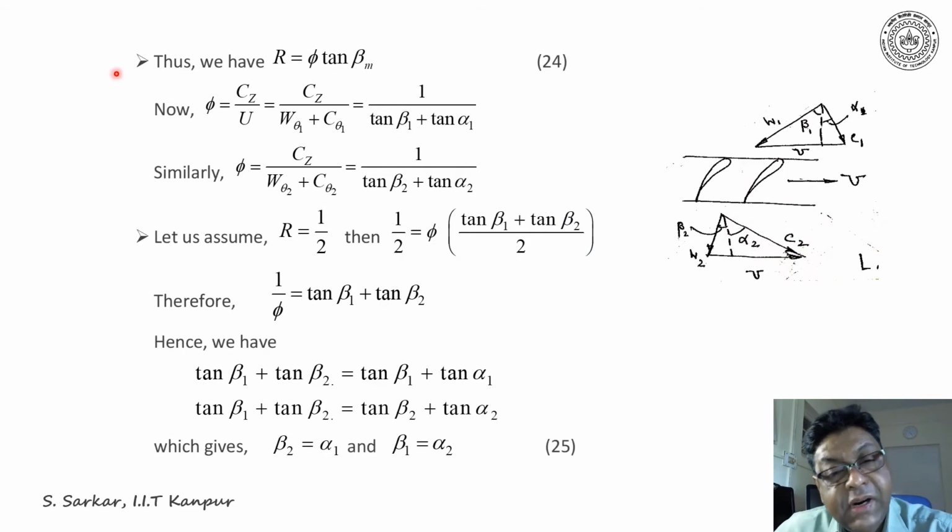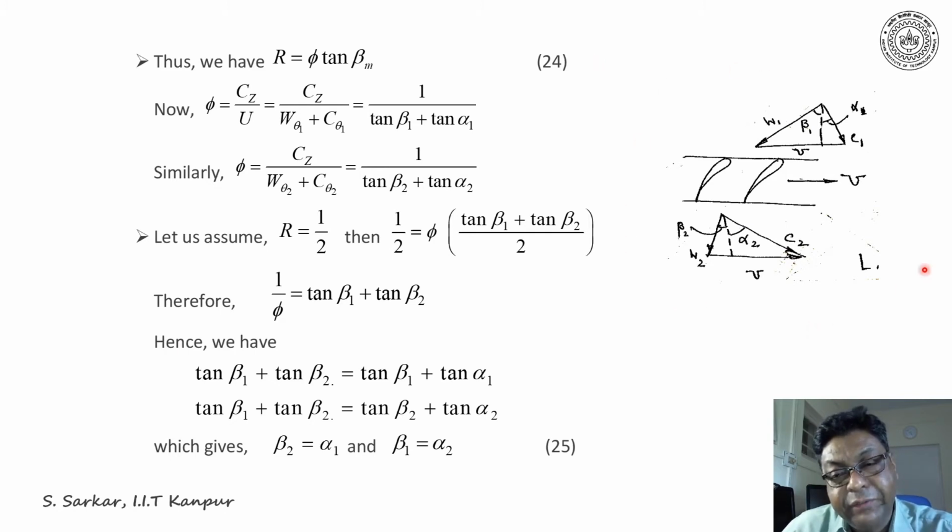Thus, we have R is equal to phi into tan beta m, equation number 24, where R is the degree of reaction, phi is the flow coefficient, and beta m is the vectorial mean angle. Equation 24 gives the degree of reaction of a stage when the flow is considered as incompressible and isentropic.